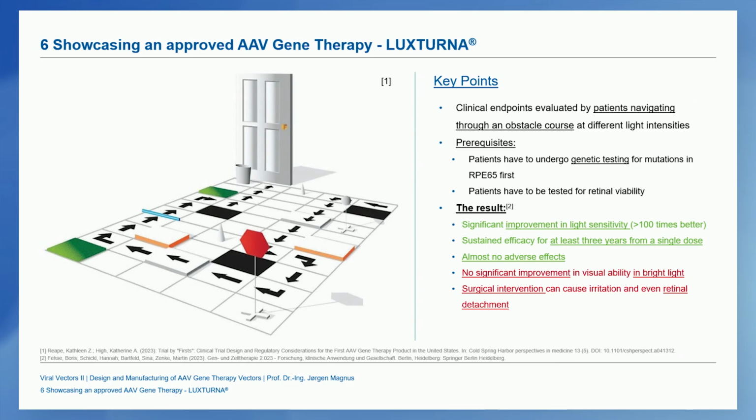But what they also did here was to ask the patients to walk through an obstacle course at different light intensities, because it's really the ability to see in poor light conditions that is affected here, and it's in particular at low light intensities that it's difficult to see with this disease, and therefore it made sense to check how well you can see in darker conditions.